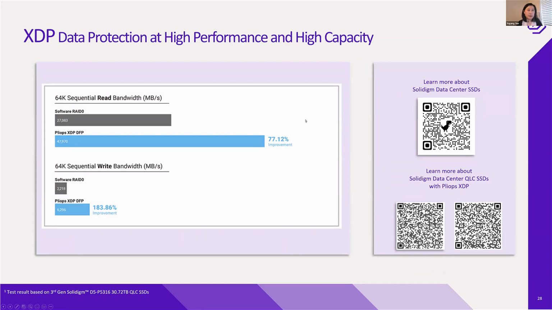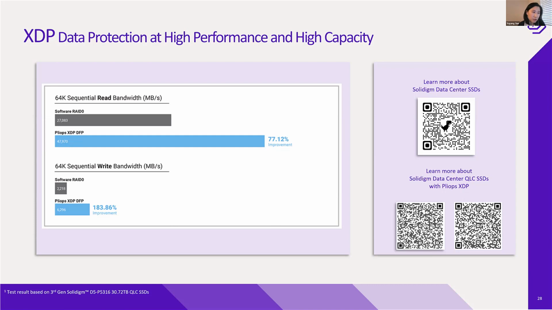So this is a test done on a Dell PowerEdge with 4 30 terabyte QLC SSDs. You can see that XDP together with 4 QLC SSDs gives you 47 gigabyte per second of sequential read performance, and 6 gigabyte per second of sequential write performance.